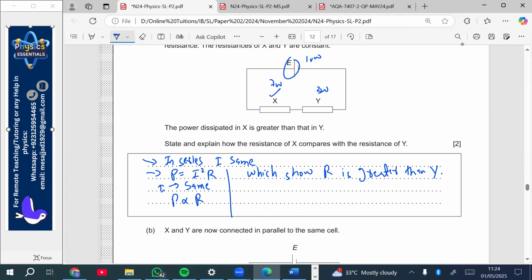So the answer is that the resistance of X is more, so power dissipation is more, therefore it is eating more of the power.